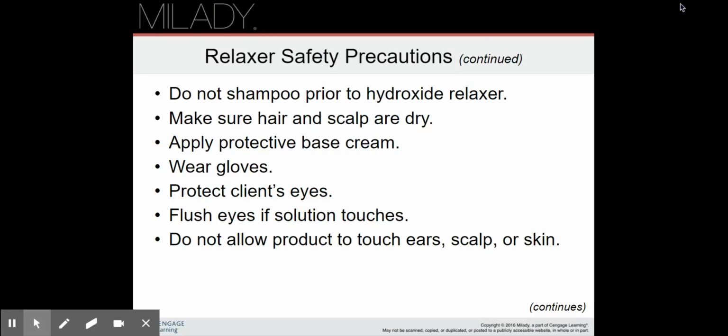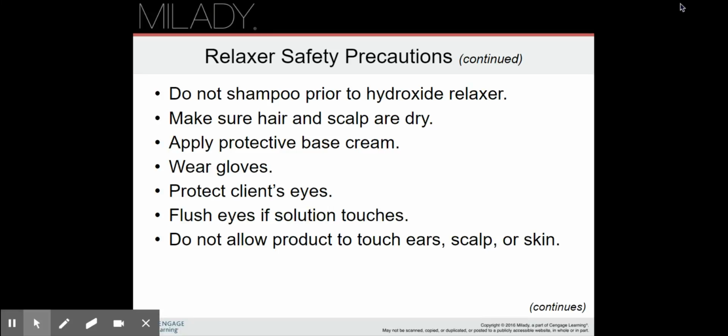Do not shampoo prior to the hydroxide relaxer. Make sure hair and scalp are dry. Apply protective base cream. Wear gloves. Protect the client's eyes, and flush the eyes if solution touches them. Do not allow product to touch the ears, scalp, or skin.